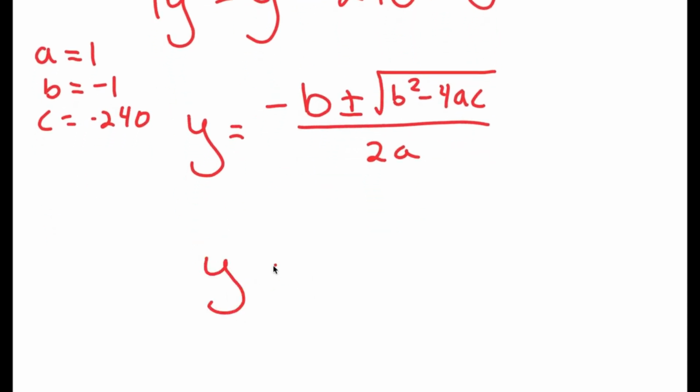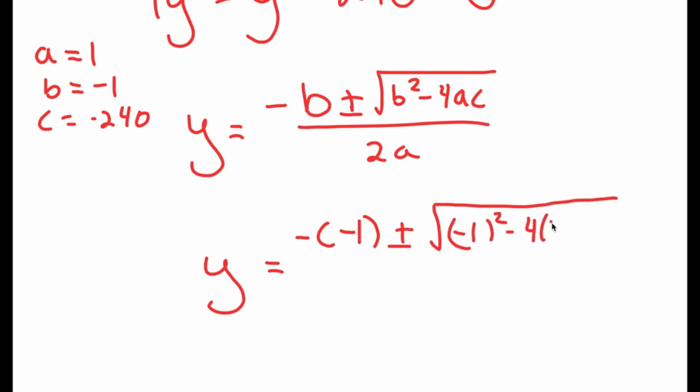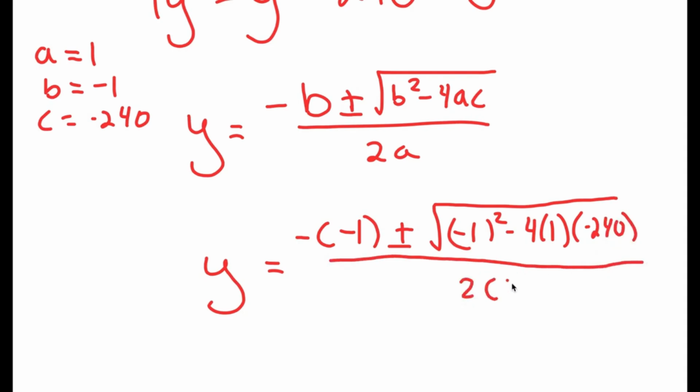So I get y is equal to negative of negative 1 plus or minus the square root of negative 1 squared minus 4 times 1 times negative 240 all over 2a, so 2 times 1.